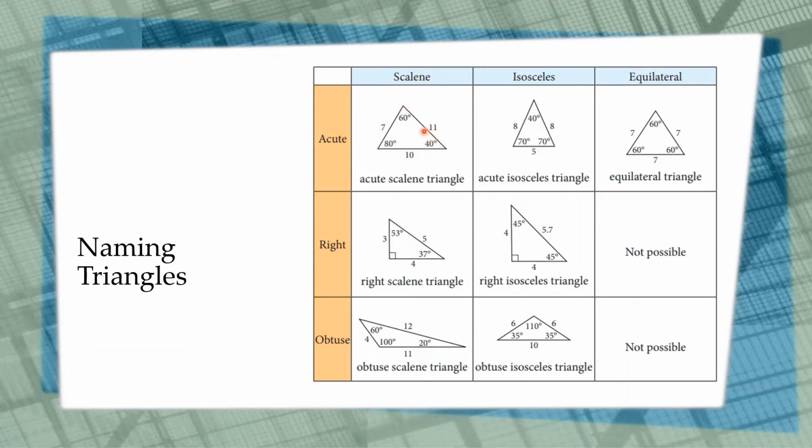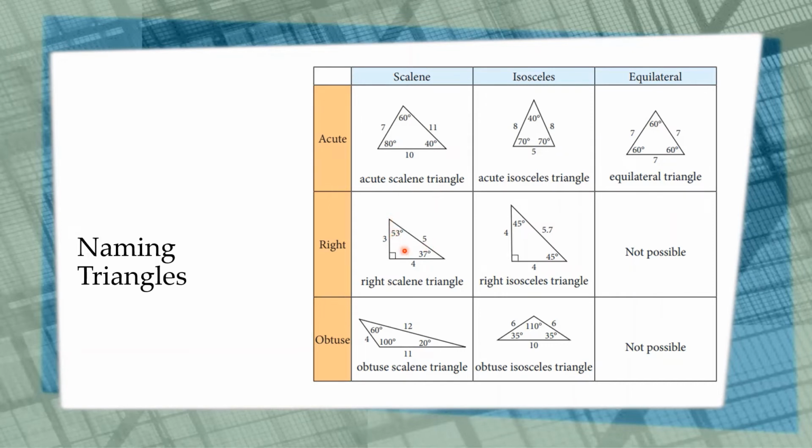Each of these angles is less than 90, so that's why they're all acute. We also notice by their sides that each of their side lengths is different, none of them congruent. And so it is called a scalene. Full name would be acute scalene triangle.